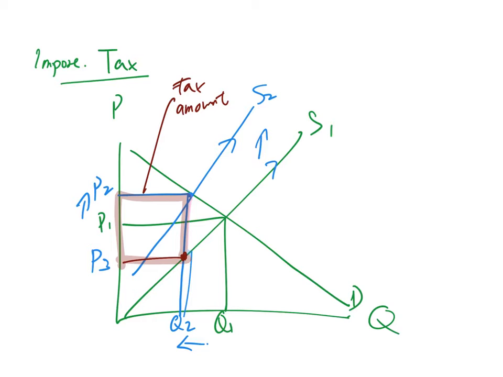But you can see that it's divided into two pieces, the upper part and the lower part. Do not just remember which one belongs to the consumer by upper or lower. Remember that the part between the new and old equilibrium price is the consumer burden.